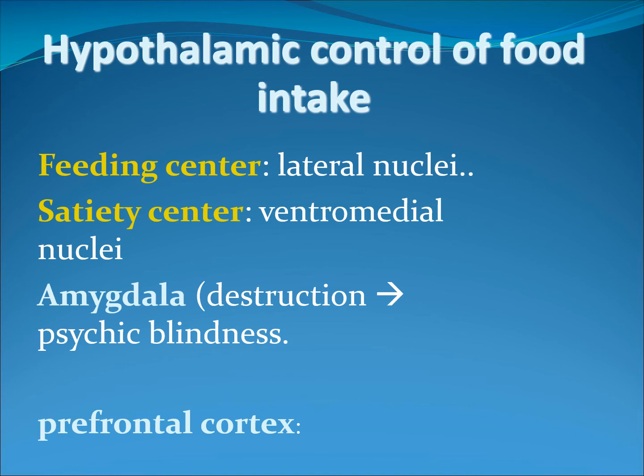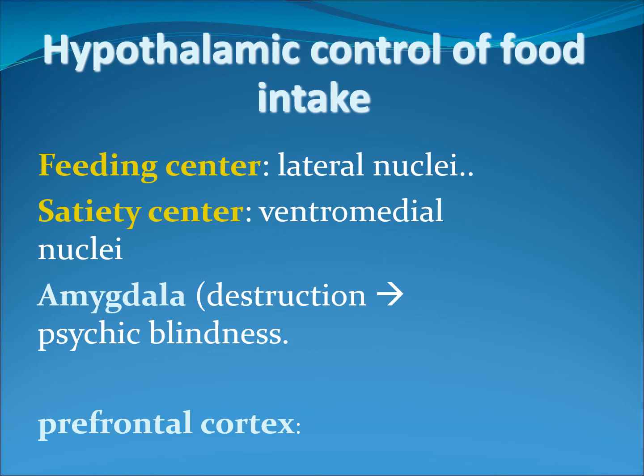In addition to these neural structures, there are also other structures which are involved, like the amygdala. It was found that the destruction of the amygdala results in what we are calling psychic blindness for the choice of food. These persons eat anything they see. In addition to the amygdala, the prefrontal cortex is also involved.